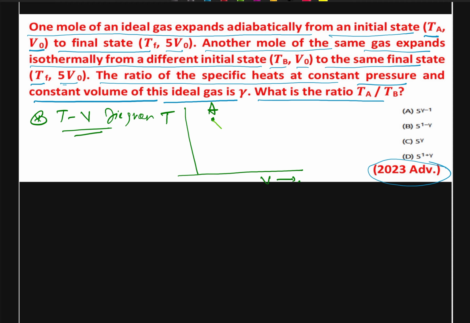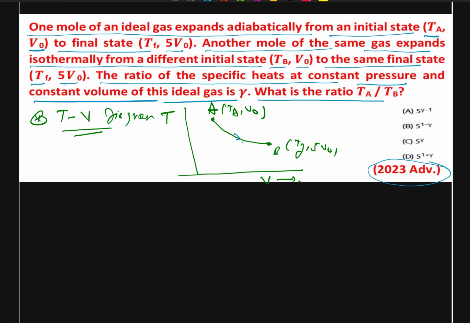So it starts adiabatically like this, and let us suppose this is our state B. A is having Ta and V0, and B is having Tf and 5V0.